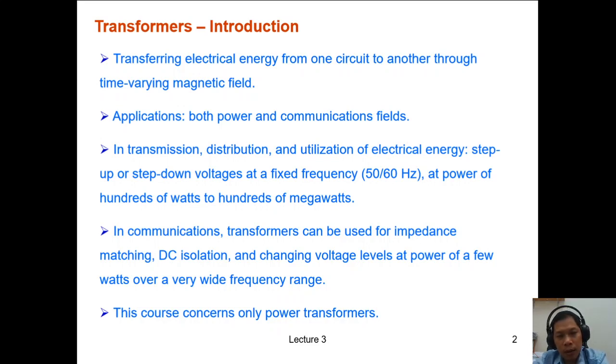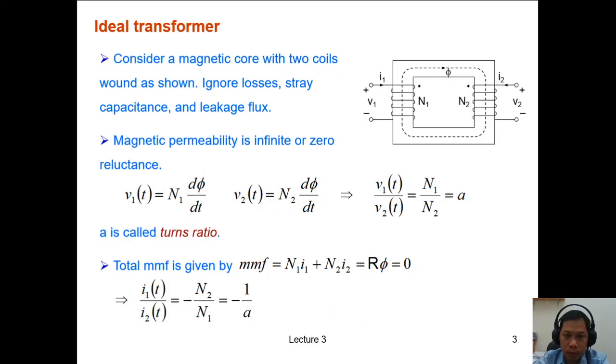This course only talks about power transformers, but before we go into power transformers, I will introduce some transformers in communication too. So first we talk about the ideal transformer.